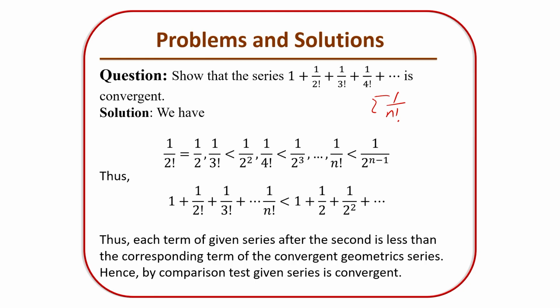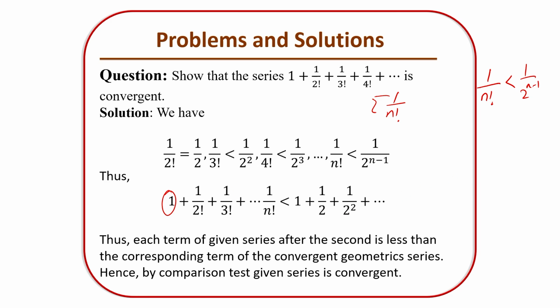We are going to use one inequality: factorial n is greater than or equal to 2 to the power n minus 1. That is our idea. Now look at this. Factorial 1 is equal to 1, 1 by 2 factorial is 1 by 2, 1 by 3 factorial is less than 1 by 2 squared.